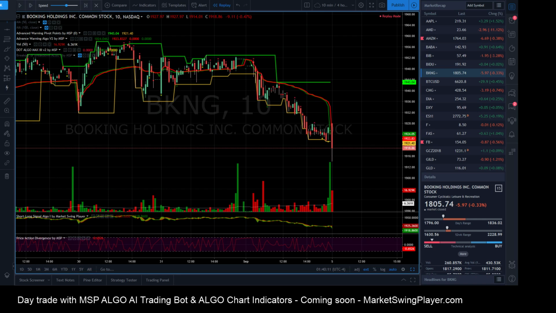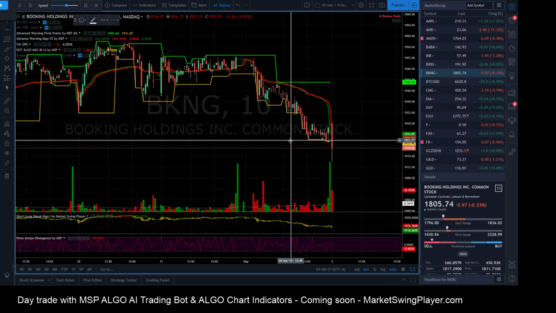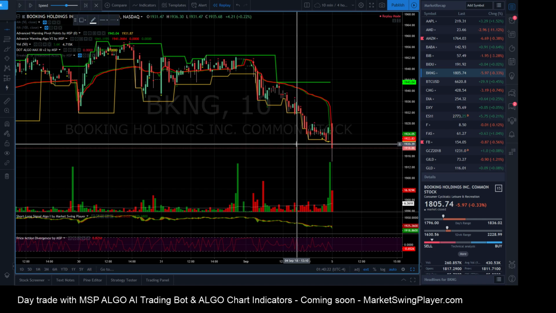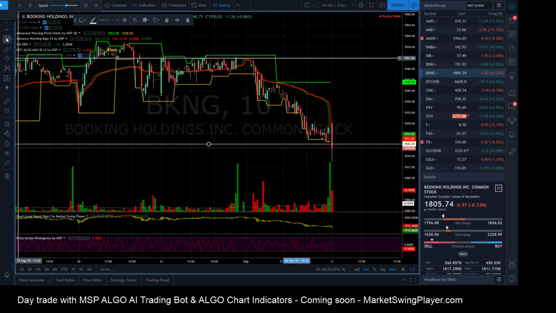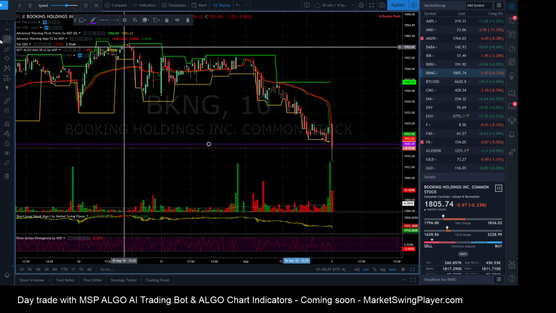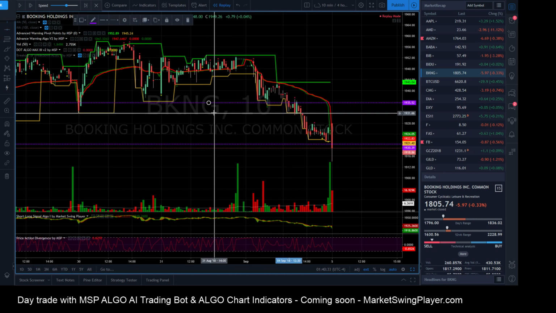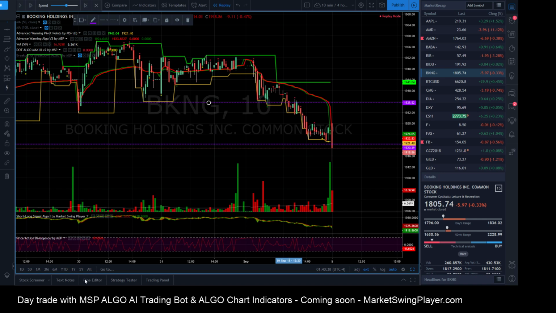So the range was $19.20 to $19.36. Don't have to be exact. And the reversal pivot was 1925.